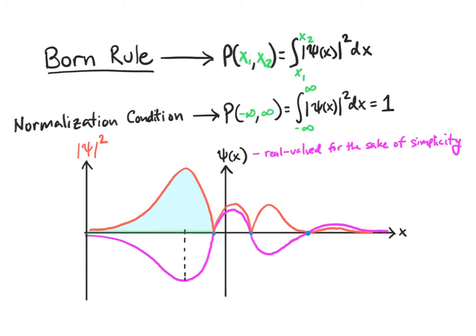It's also more likely to be found between the second and third 0 points than between the first and second 0 points, because qualitatively at least, I think it's clear that the area under here is a little bit more than the area here.